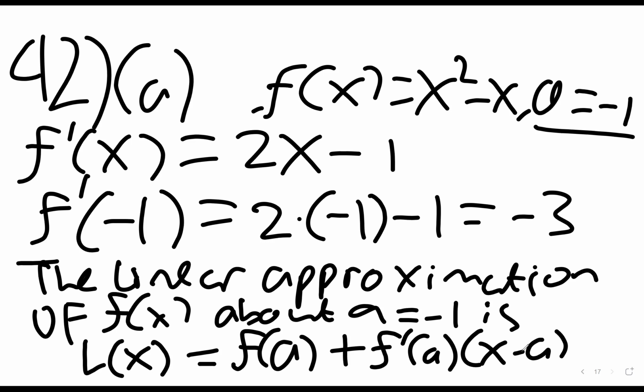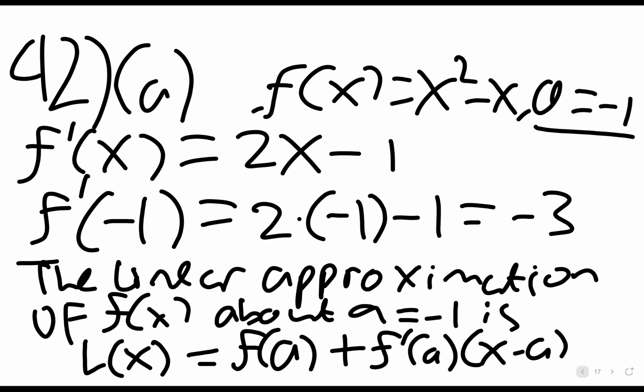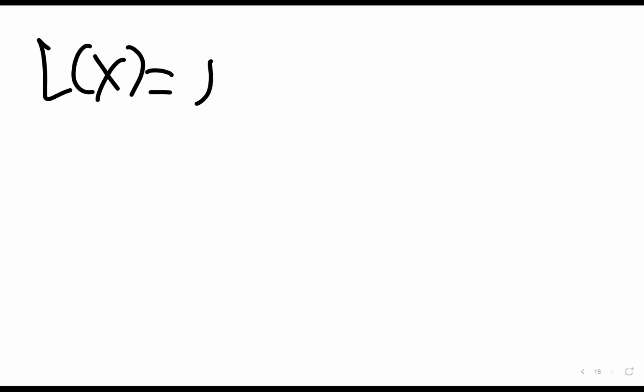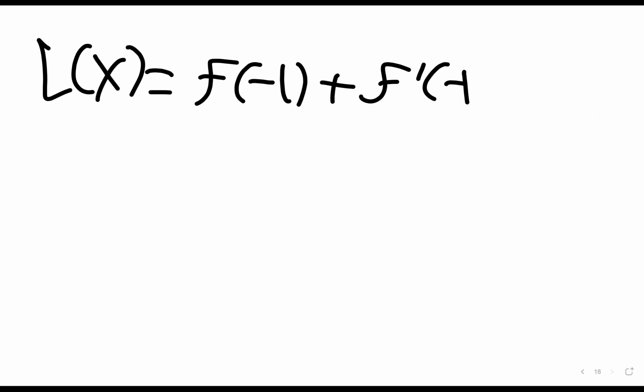Then substitute a equals -1. So the linear approximation L of x equals f of -1 plus f prime of -1 multiplied by x minus a, x minus -1, that will be x plus 1.